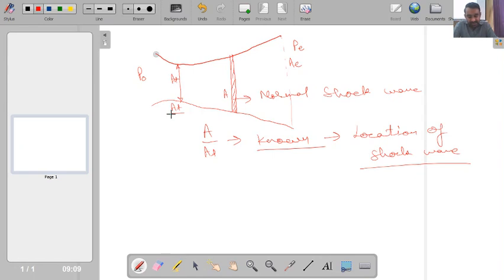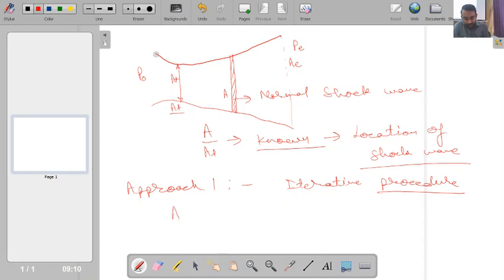Okay, so one simple approach can be arbitrary; say approach 1, I am writing it. Approach 1 is basically an iterative procedure. In the iterative procedure, what one has to do is first assume. Okay, let us assume that I have some ratio of A by AT, and we are assuming that at this ratio of A by AT, our NS, the normal shock wave, is present.